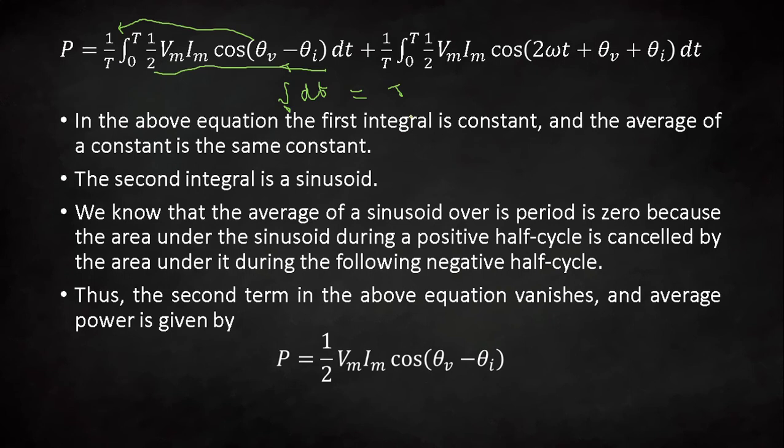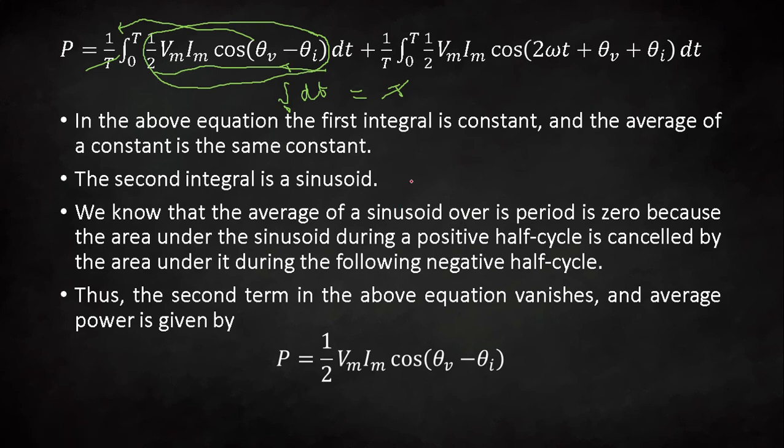That t and this t will cancel out. In that case it will be 1 by 2 Vm Im cos(theta v minus theta I) only. So this term will be present if we take the integration of the first part.